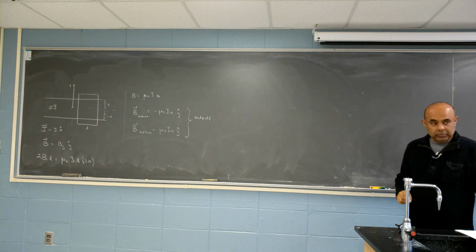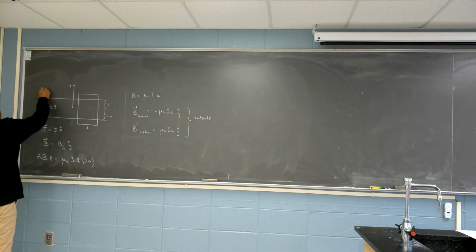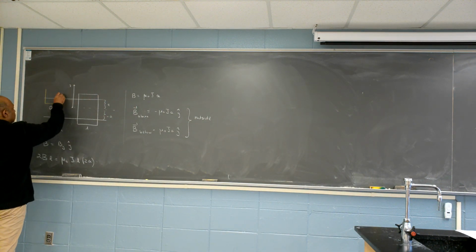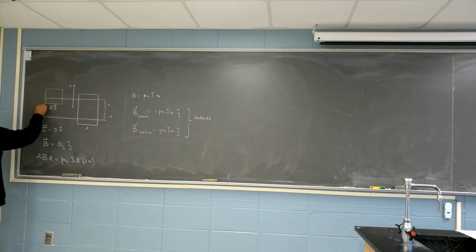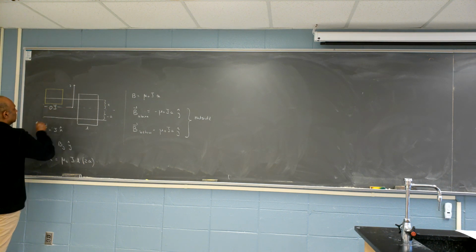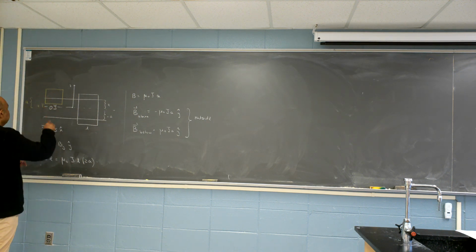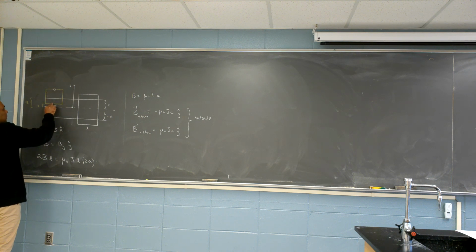So far, so good? Yeah. So let's pick this loop. And let this distance be Z, and this, of course, is A. So then, and again, we'll do this.